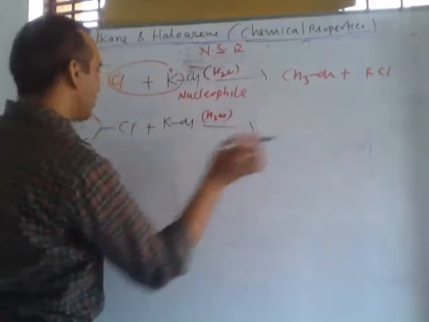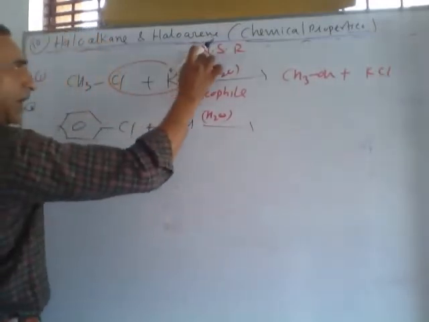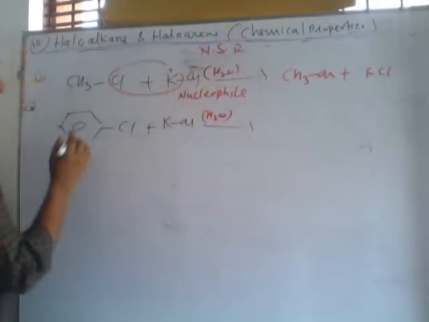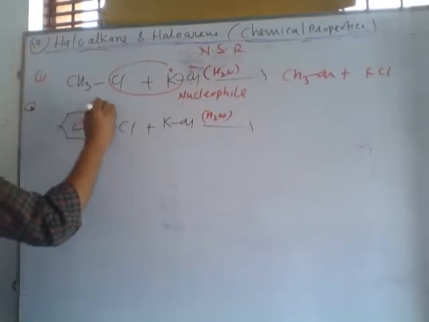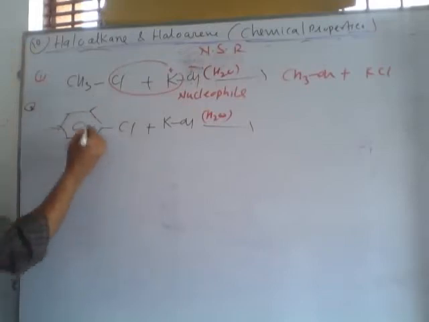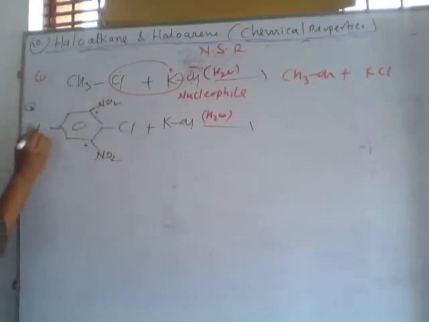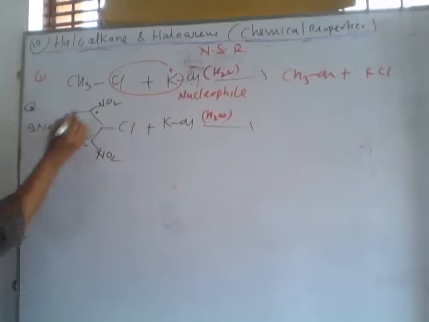For the product in haloarene with NSR, on ortho and para positions, electron withdrawing groups, meaning electron attracting groups, just like nitro, should be connected.